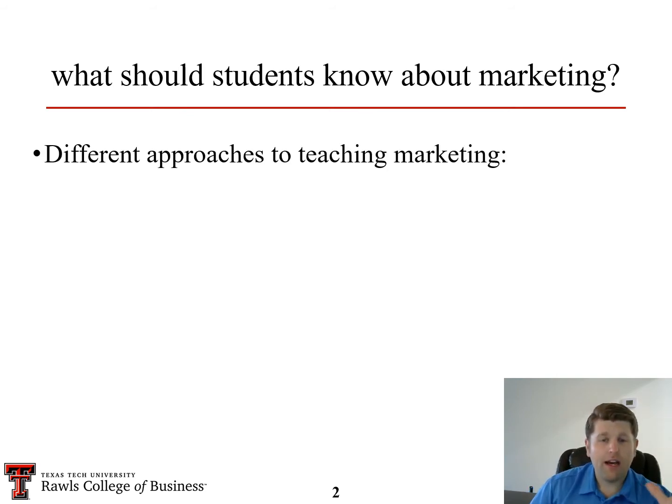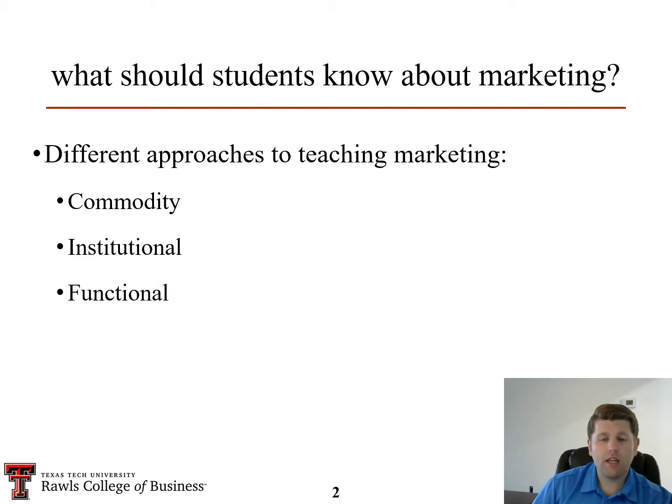At this time, between 1920 and 1950, there were several different approaches to teaching marketing to students: one, the commodity approach; two, the institutional approach; and three, the functional approach, which we will be most familiar with. We're going to go through each of these.